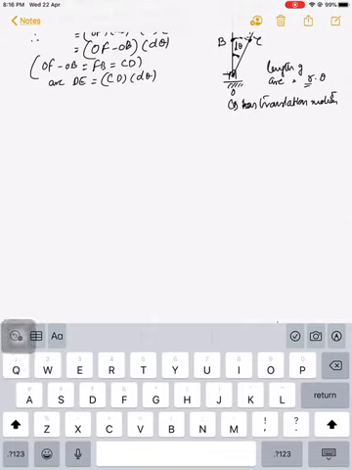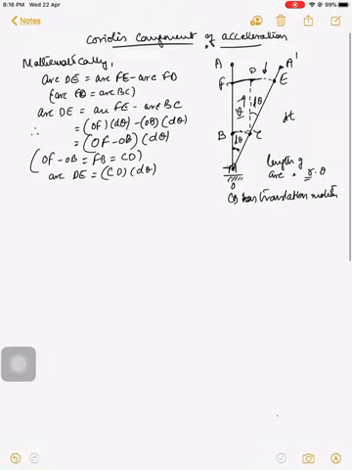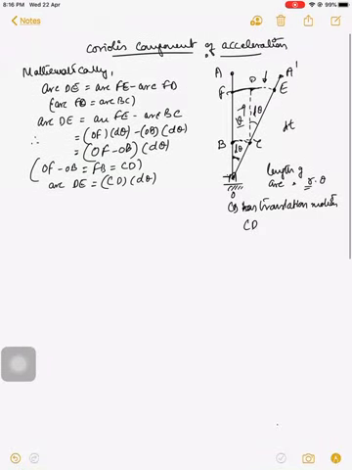Therefore the length of CD can be given as V into dt, that is, the velocity of sliding into the time taken.